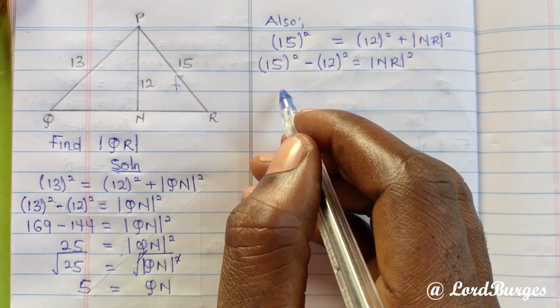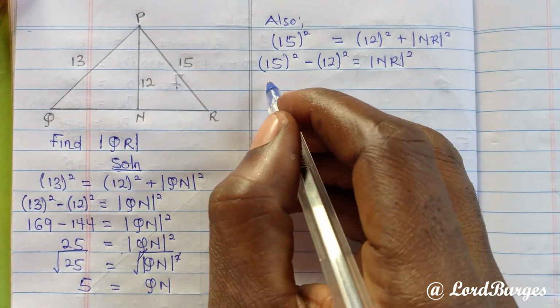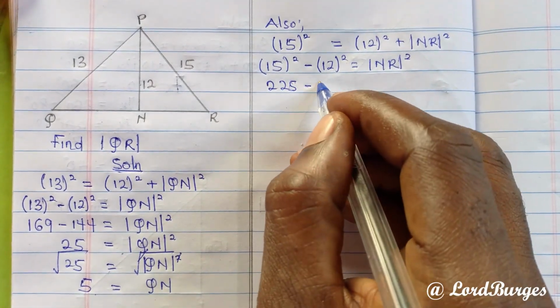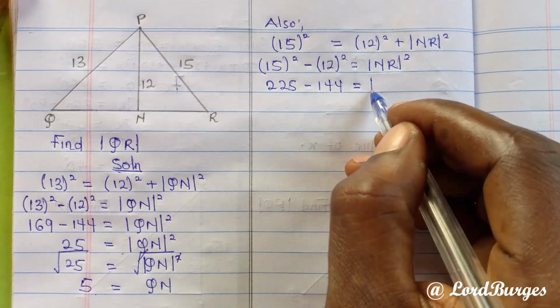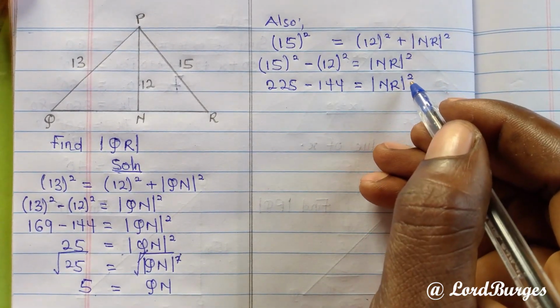15 squared will result in 225 minus 144 is equal to NR squared.